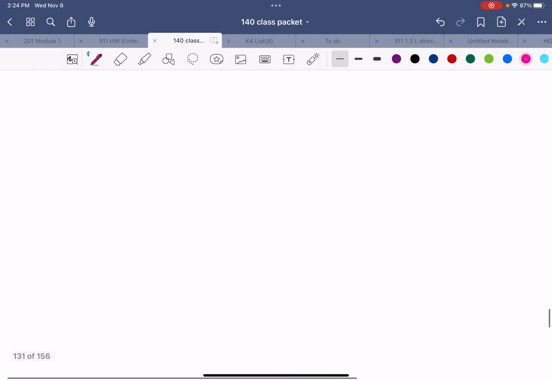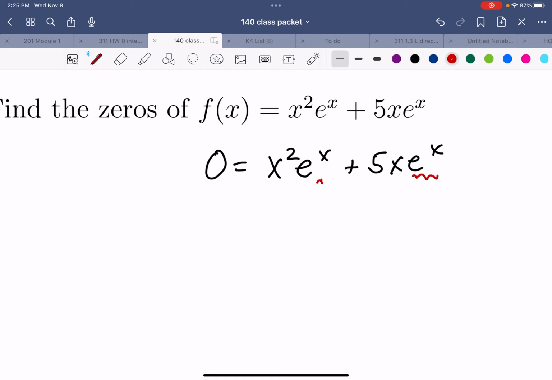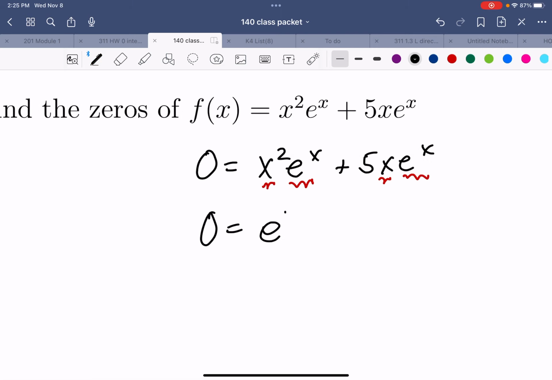Okay. And lastly, number 6, we're finding zeros. So we're going to set this equal to 0. And we're going to recognize that both of these have an e to the x here. They also both have an x, so we can factor both of those things out. So we have an e to the x that factors out and an x that factors out.